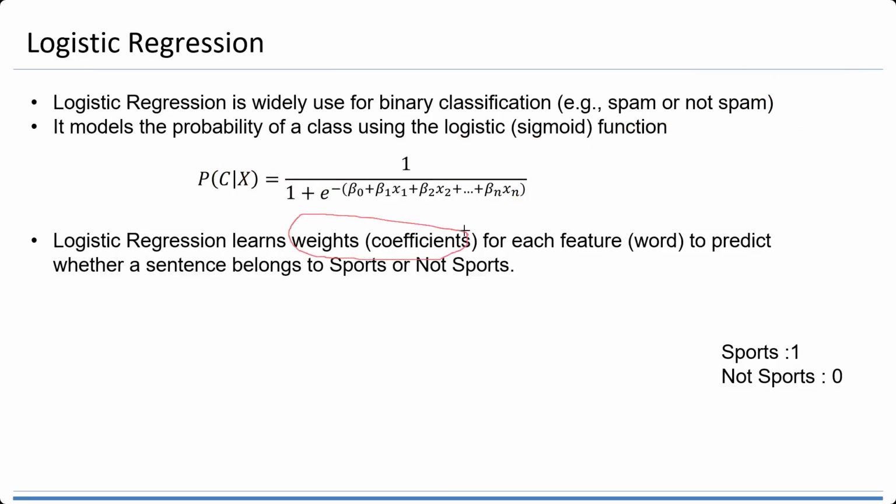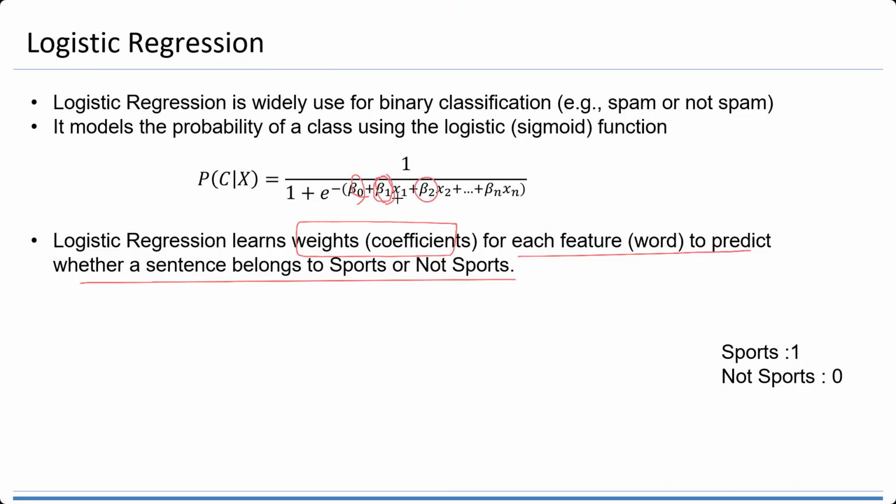We want to get the weight or the coefficient. So in this case, we want to get the beta 0, beta 1, beta 2, and so on for its feature or word to predict whether a sentence belongs to sports or not sports. So this kind of weight, we can calculate based on the probability.